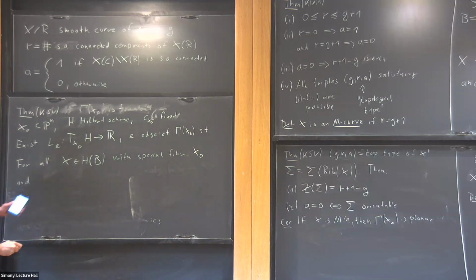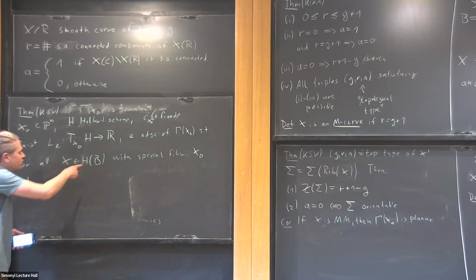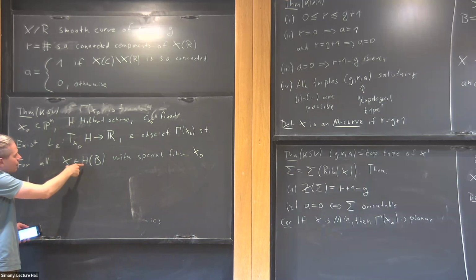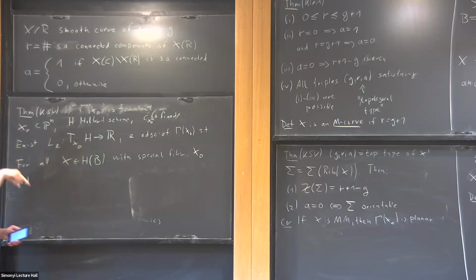And so if you have such a point, this can also be seen, as I already mentioned, as a semi-algebraic family, a semi-algebraic arc in the real part of the Hilbert scheme, which converges to X naught.